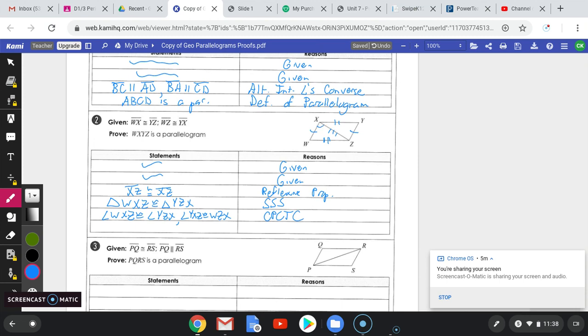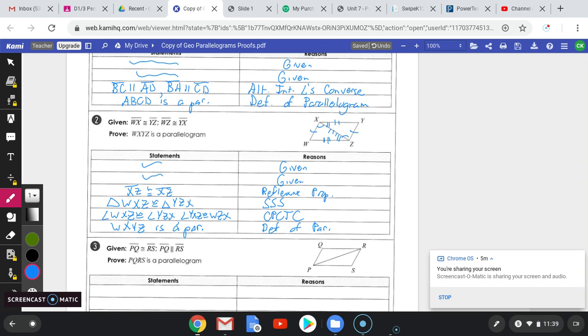So now we can say that these alternate interior angles are congruent. So now we can say WXYZ is a parallelogram because of the definition of parallelogram.